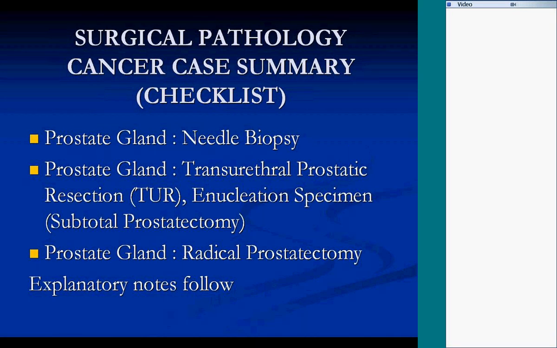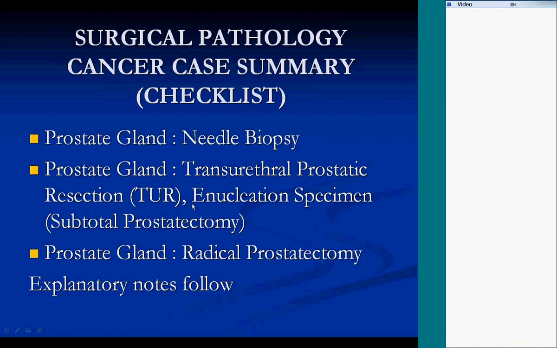So let's talk about the checklist. The checklist is basically assembled based upon the type of tissue specimen that is obtained. For the prostate gland, we basically have 3 major categories. The first category is needle biopsy. The second is transurethral resectates from the prostate, or TURs; TURPs are abbreviations that are commonly employed.